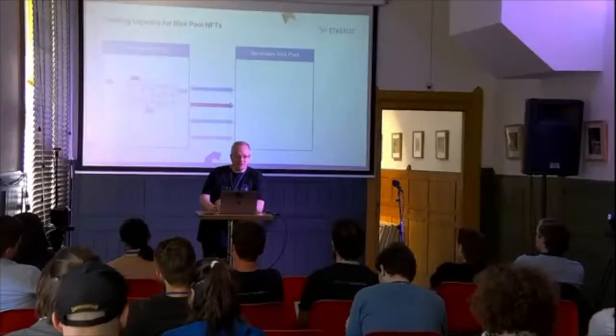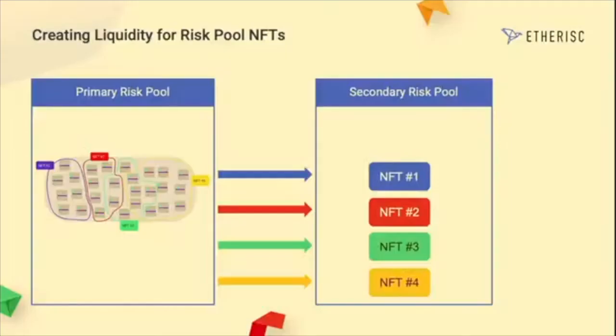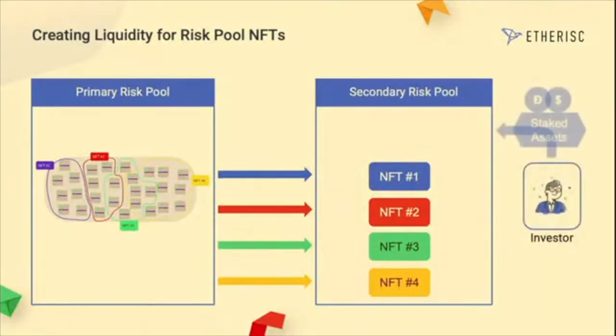So we put these NFTs in a secondary risk pool. Now we have these NFTs in one secondary pool, and this pool can now be sold to investors. The investor puts in the money, DIP tokens and stable coins or whatever assets he likes, but in any case he will put in DIP tokens. Then he will receive fungible risk pool tokens.